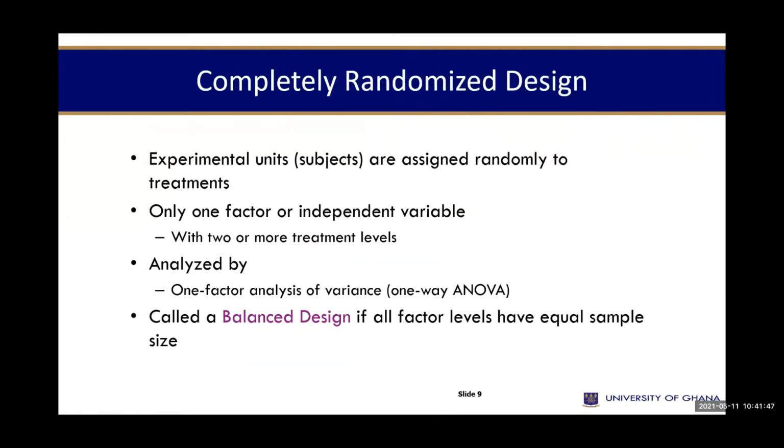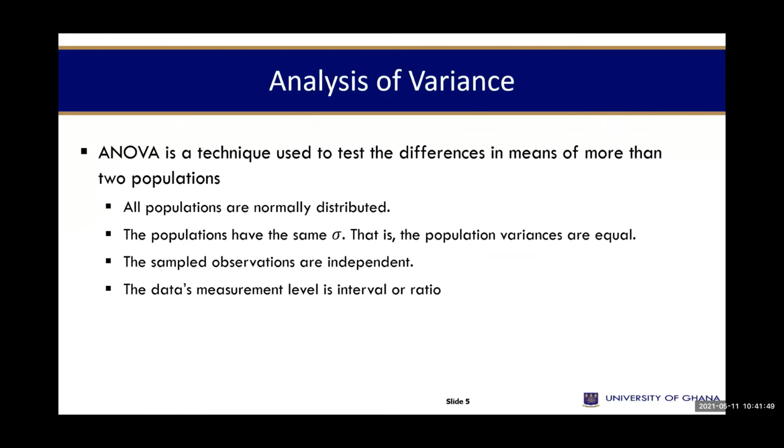So I've given an example using ShopRite. We ended our last discussion using two populations to test whether there are significant differences based on some parameters.